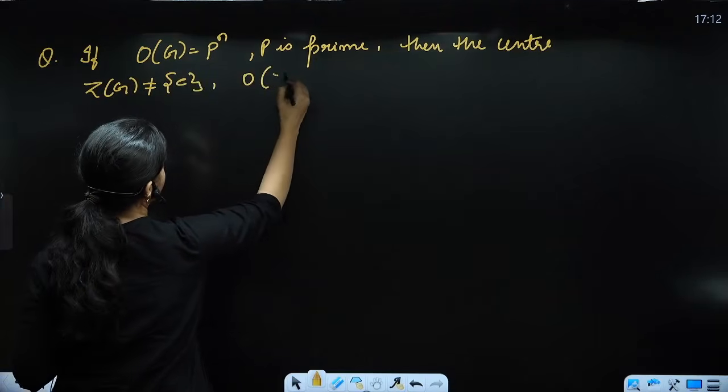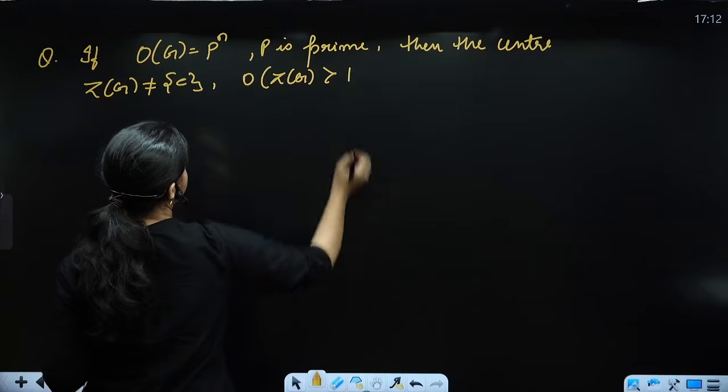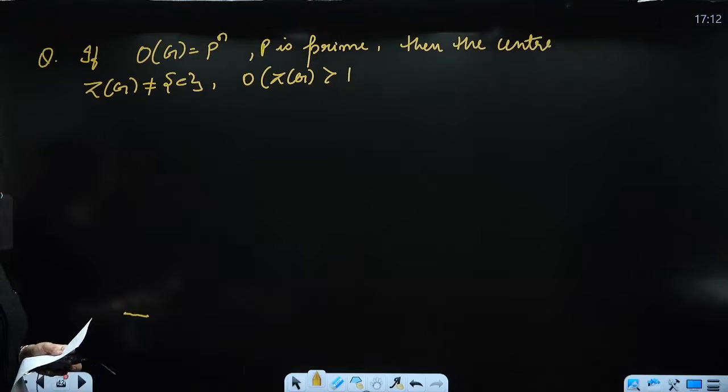That means order of ZG is greater than 1.